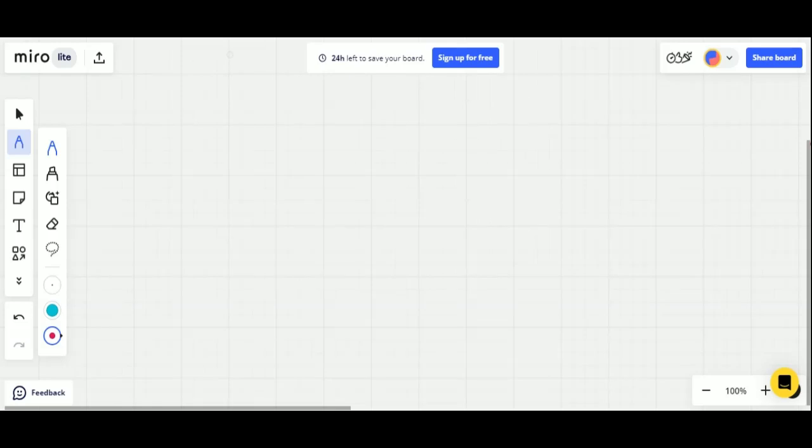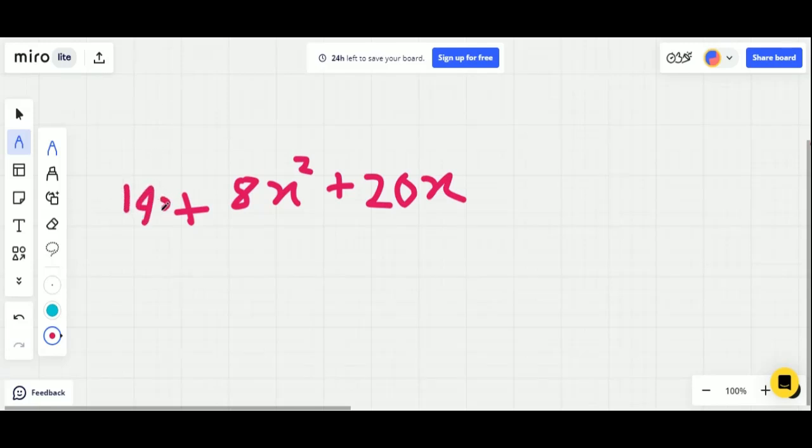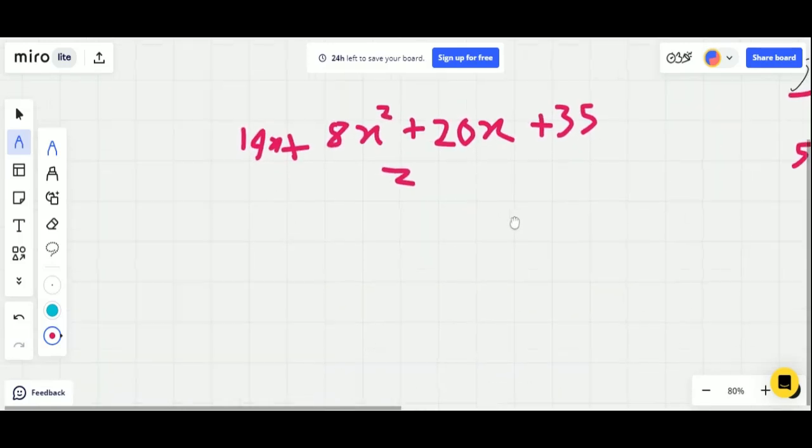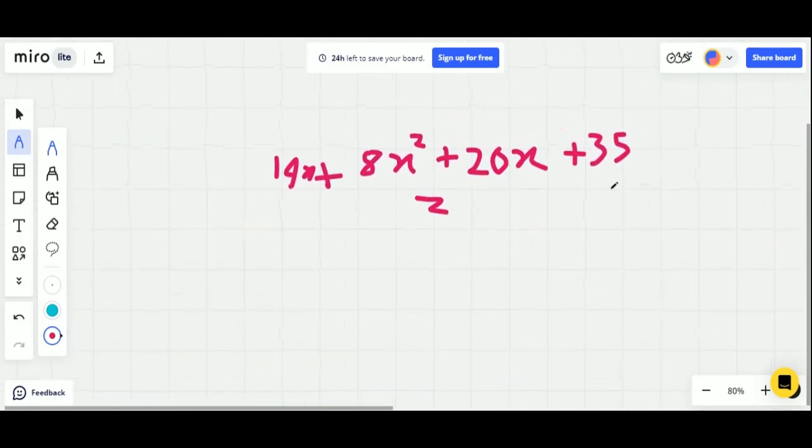I have an example here: 14x plus 8x square plus 20x plus 35. Yeah, 35. So that's good. This is the expression 14x plus 8x square plus 20x plus 35.